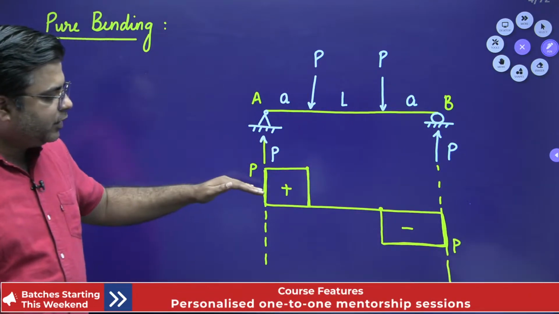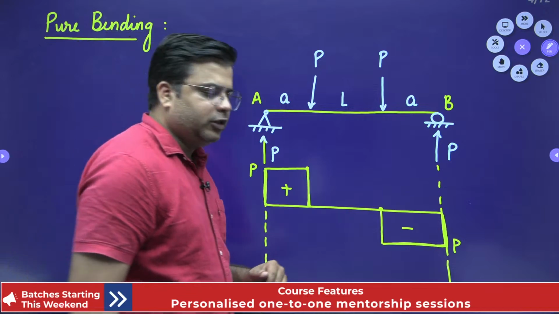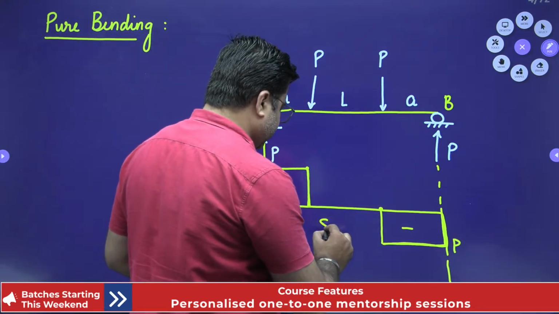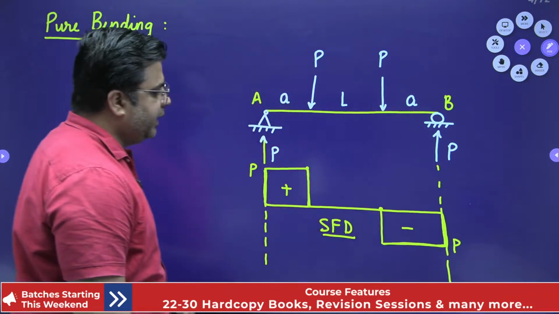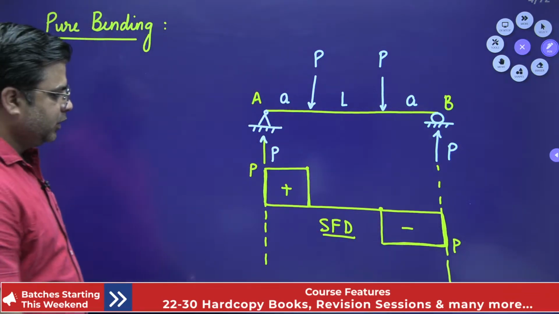Okay. Now try and draw the bending moment diagram for this beam. So this is my shear force diagram, SFD. Now try and draw the bending moment diagram for the same beam.